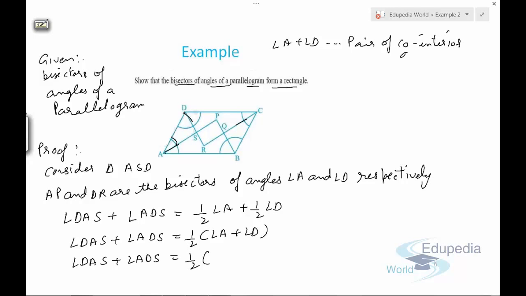Why do they form a pair of co-interior angles? Because AD is a transversal and these two lines are parallel, so they form a pair of co-interior angles.